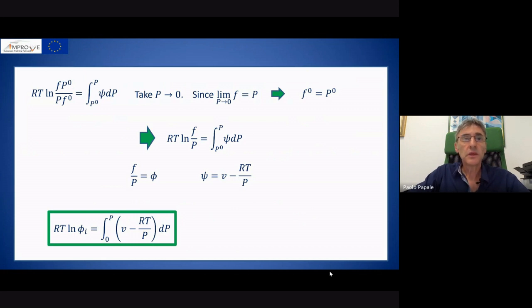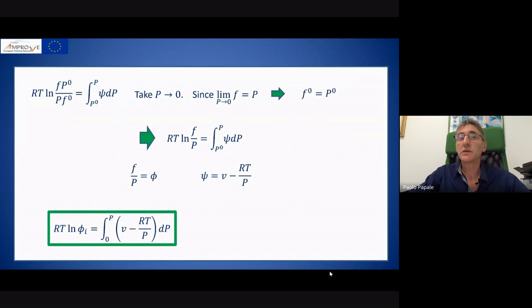In summary, in order to compute the fugacity coefficient, we need an equation of state describing the real volume of the substance from its ideal conditions approaching zero pressure up to system conditions.